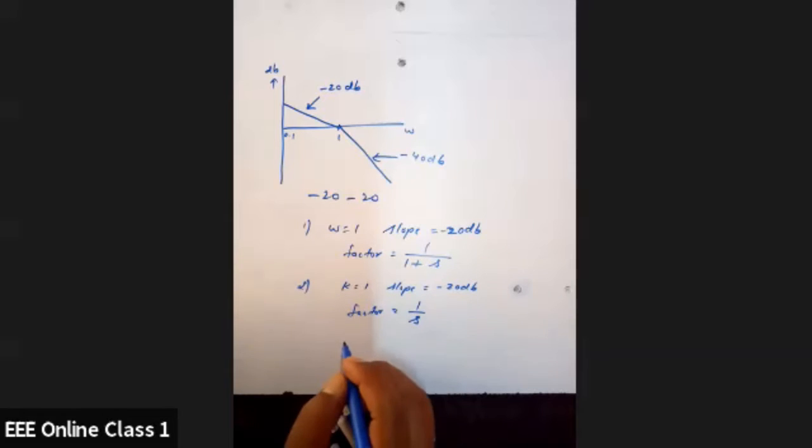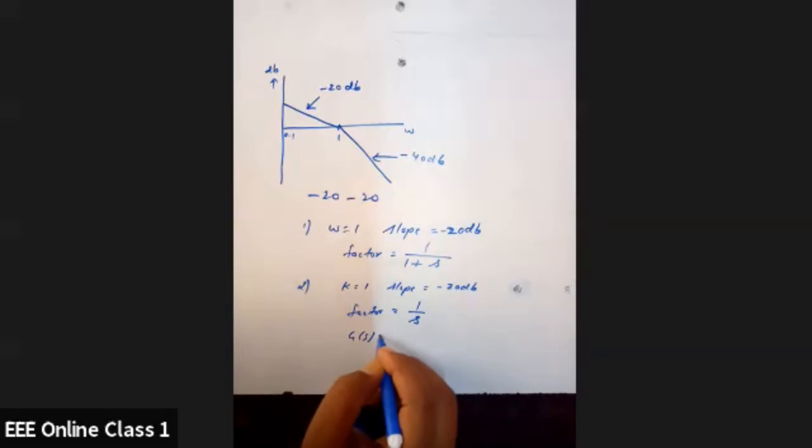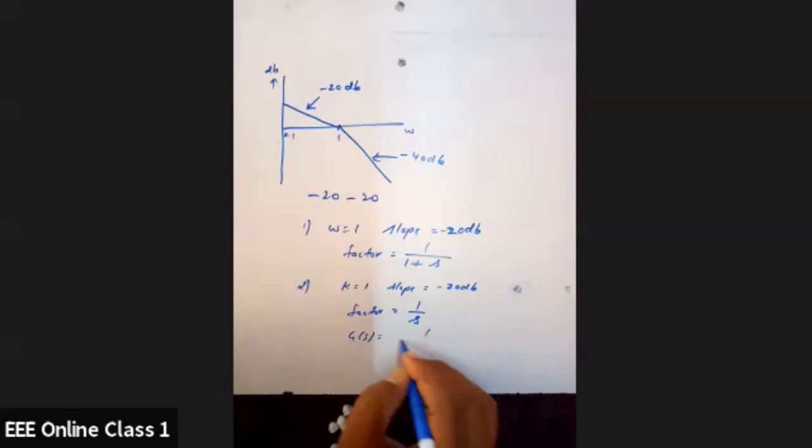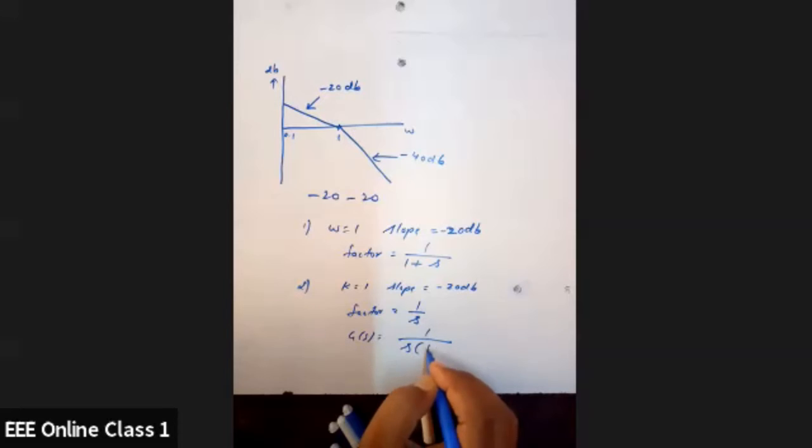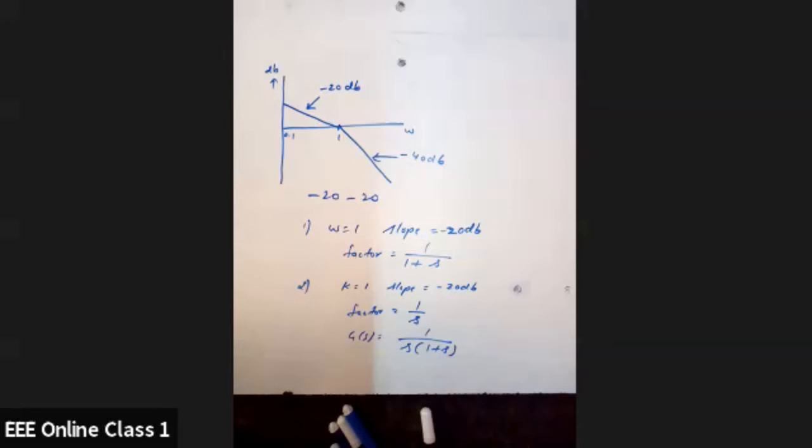Now our transfer function can be written as 1 by S, 1 plus S. This is the way we have to find out a transfer function for a given Bode plot.